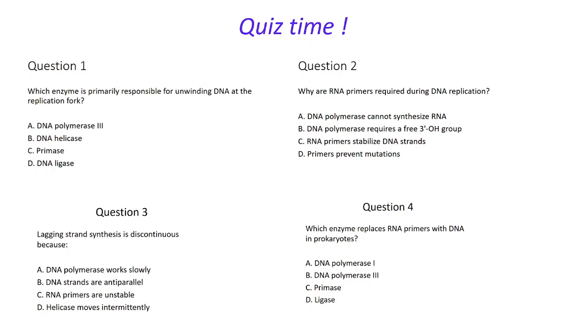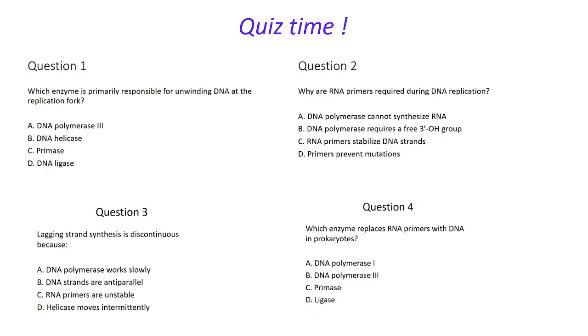Yes, DNA strands are anti-parallel. That is basically the reason. So the two strands of DNA run anti-parallel, and DNA polymerase can only synthesize in the 5' to 3' direction.